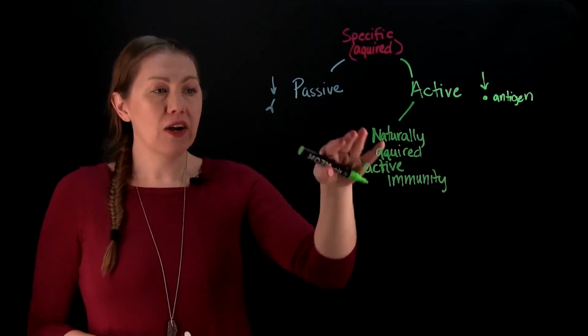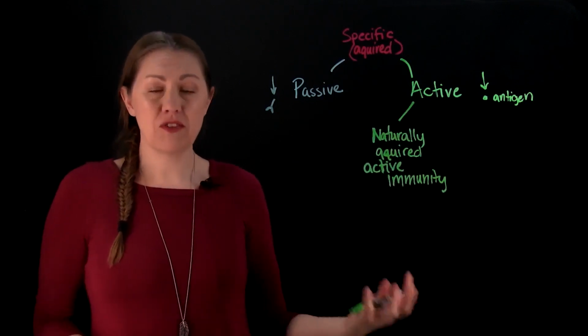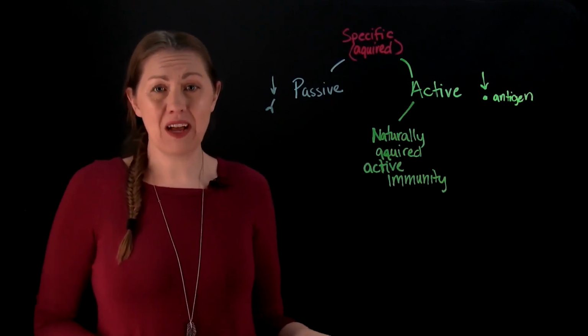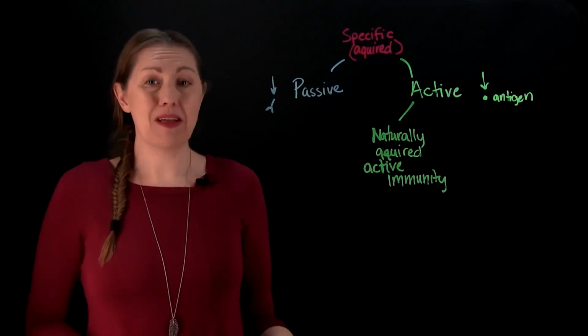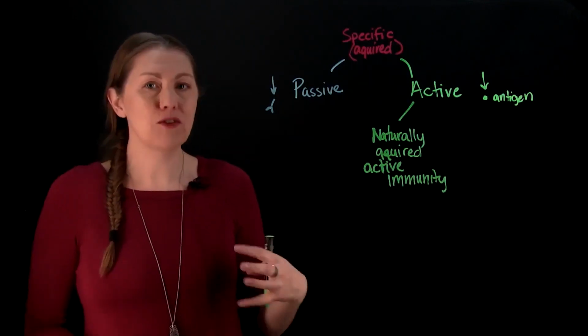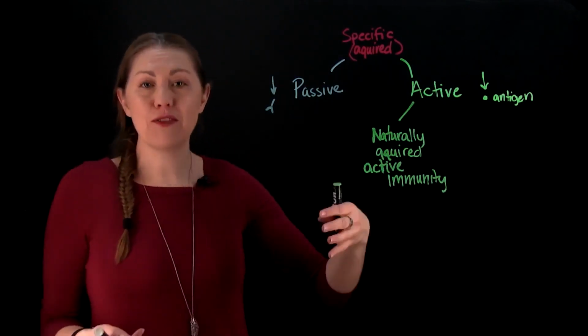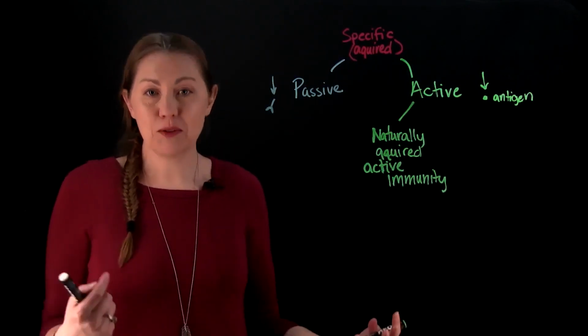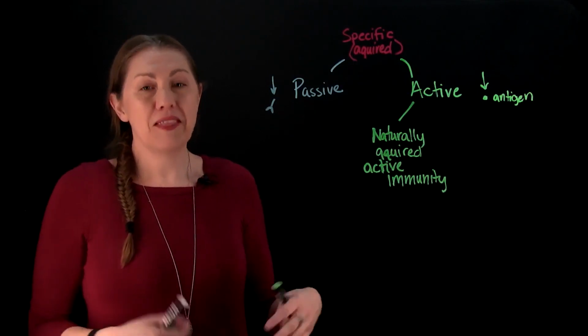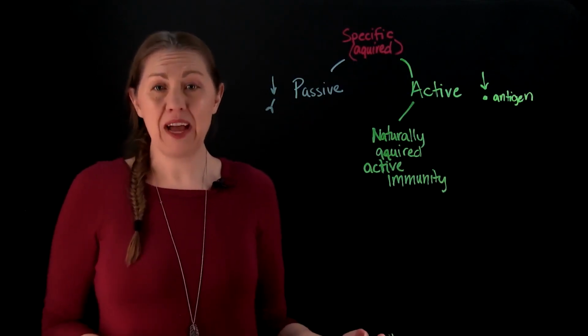So with our natural exposure to antigens in the environment, sometimes we're just going to get sick, but we're not going to get sick with the same thing again. This is why actually back in the day, they used to do chickenpox parties. Like one person would get chickenpox. They would say, okay, let's call all the friends over and have a sleepover to expose them to the antigen. Then they're just planning when people are sick.